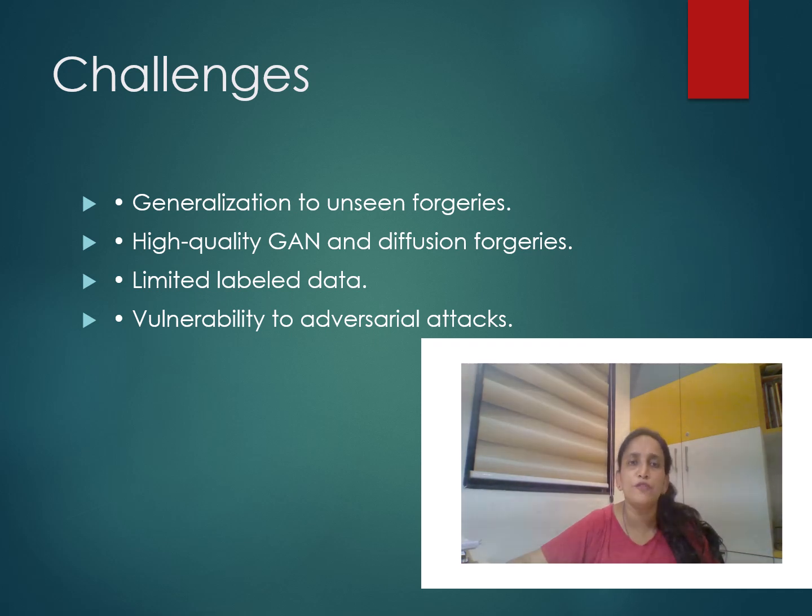High-quality forgeries: AI-generated fakes, like those made by GANs, are becoming extremely realistic. Limited labeled data: creating large annotated datasets is time-consuming. Adversarial attacks: hackers can slightly modify images to fool the detection system. Overcoming these challenges is a key area of ongoing research.